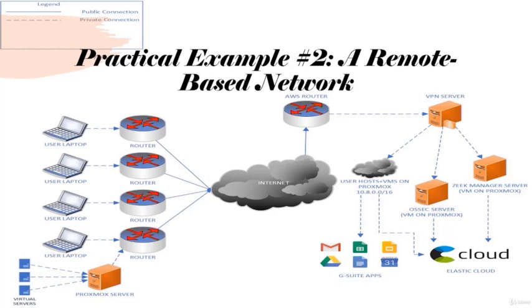We go out through the internet with our public IP address, and then we go into our AWS network, which is represented right there by the AWS router. Then it goes over to our VPN server, and this is where we get our private IP addresses. Right here you see all of our user hosts.